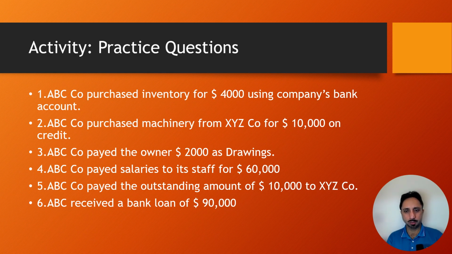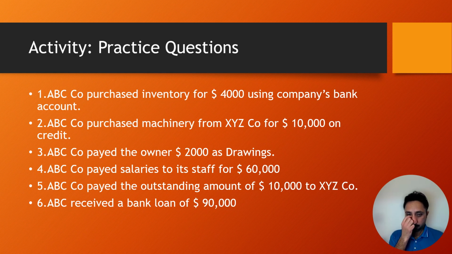ABC Corporation paid the outstanding amount of 10,000 to XYZ Co. So when an outstanding amount is paid, there is decrease in the liabilities, and when decrease in liabilities means it has to be debited according to rule number 2, and the value of asset named cash will decrease. So according to rule number 1, it has to be credited.